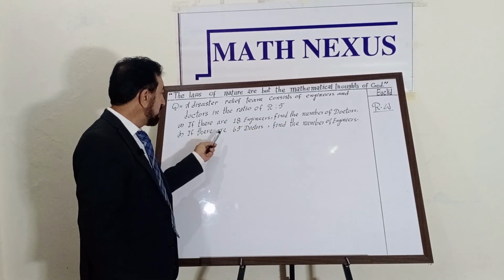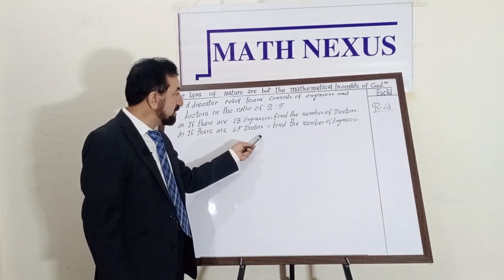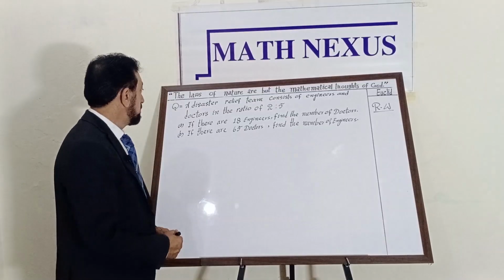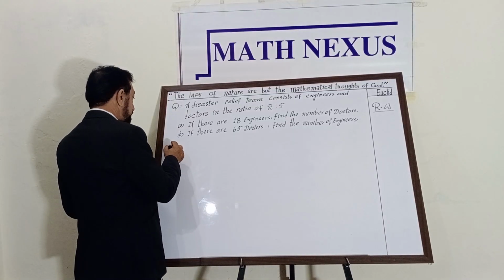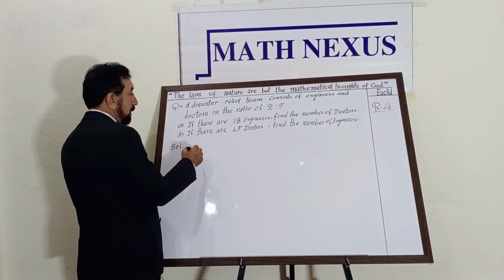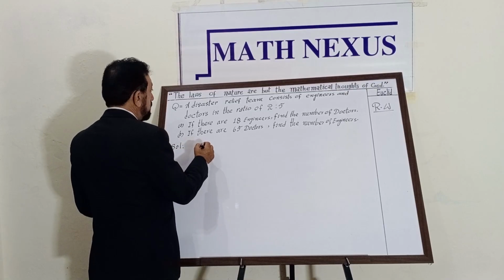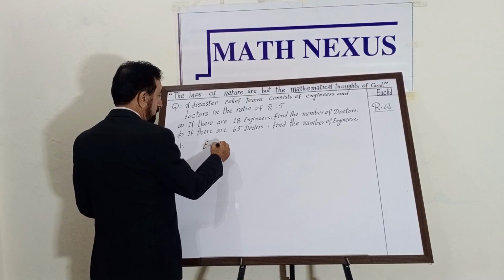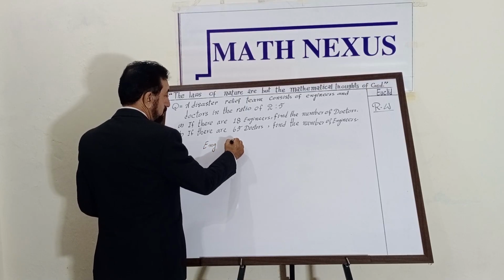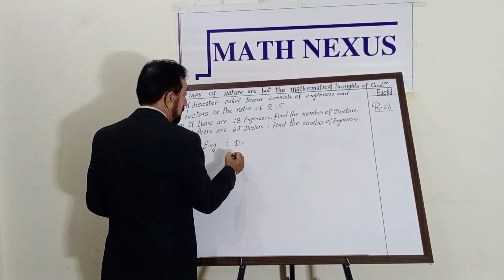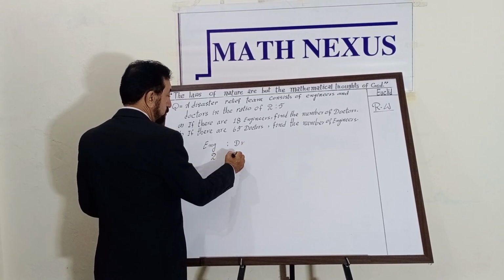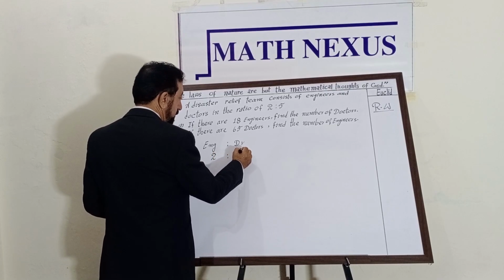B. If there are 65 doctors, then find the number of engineers. Ratio of engineers and doctors is 2:5.